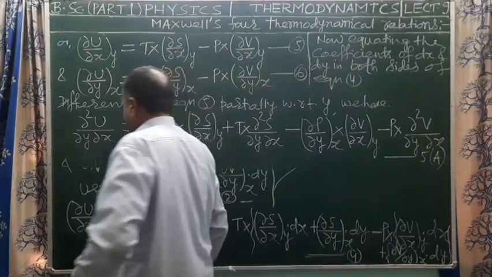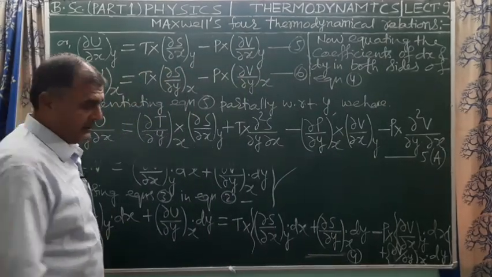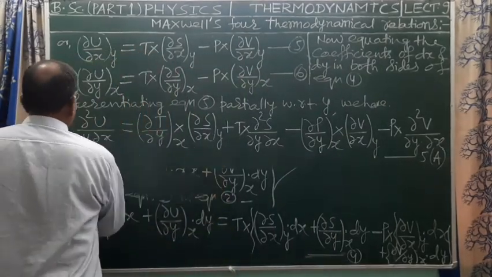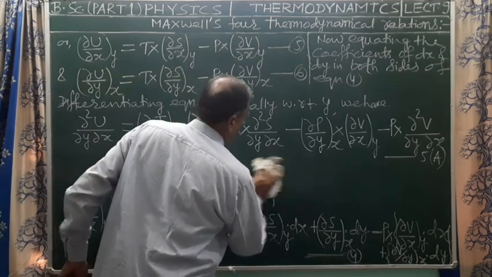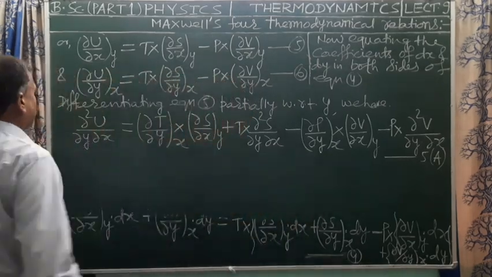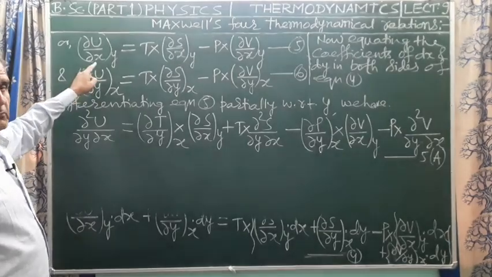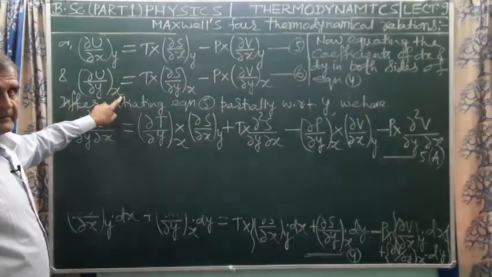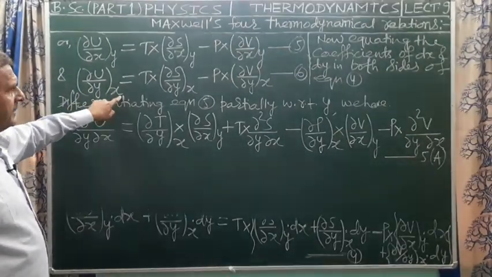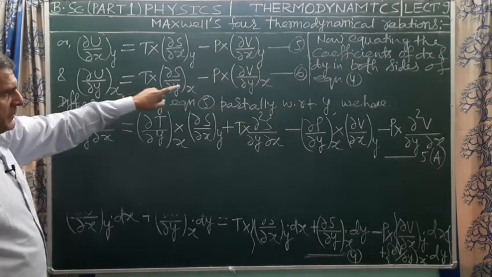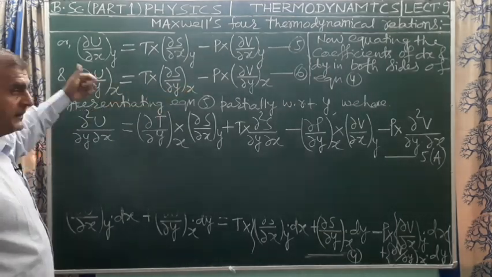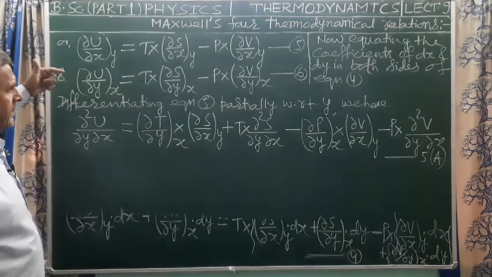Now we have to differentiate the next equation, that is equation number 6 with respect to the variable x, because in LHS it is del u upon del y at constant x. So we have to differentiate both sides of equation 6 with respect to variable x.